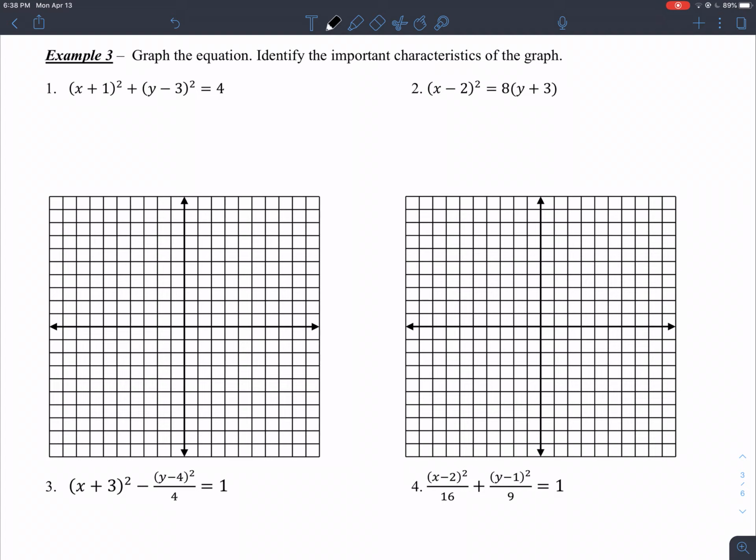Okay, so I'm going to look at this, and first of all, let's see if we can figure out which conic section is which. So what's going on here? I have this equal to 4. There are no denominators. So the only conic section we have that has no denominators and has 2 squares is a circle. Immediately you should recognize this as a circle.